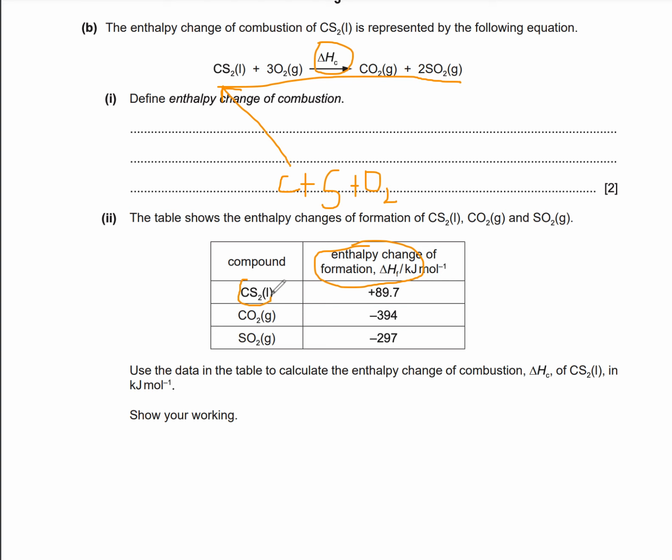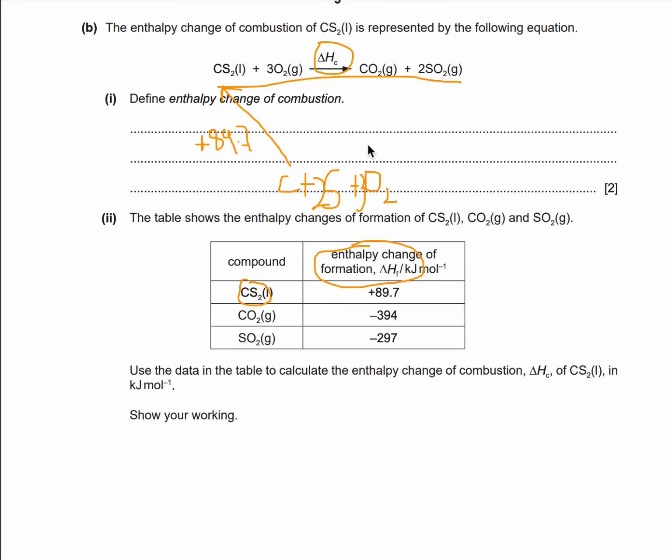So what's the enthalpy change of formation? That's plus 89.7. But there's one slight difference, that we need to write 2 over here. Now O2, if we just write 3 over here, that's the same thing, right? So nothing's changing in oxygen, so we don't mention the enthalpy change of that.